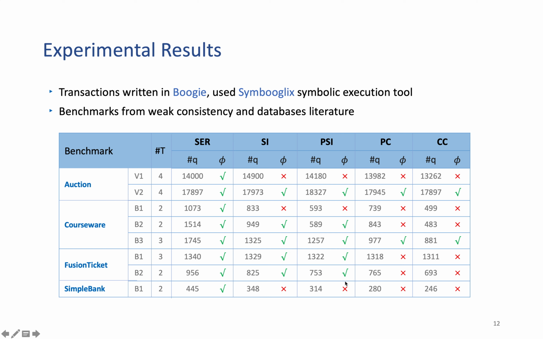And similarly, in Fusion Ticket, again, the application properties can pass in weaker consistency models. The good part of this approach is that it is parametric with respect to the consistency model, and the programmer can check which level is required for his properties to be satisfied.